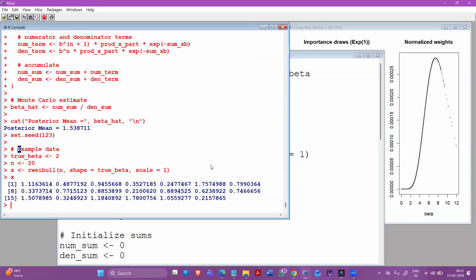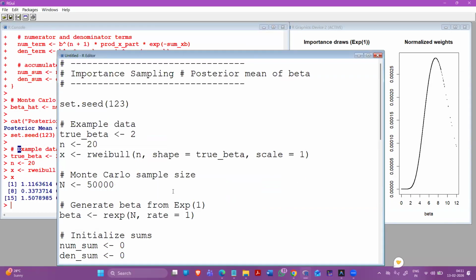Okay, this is my 20 random numbers. Now I am going to run the Monte Carlo with a sample size of 50,000. How many times can I repeat it?